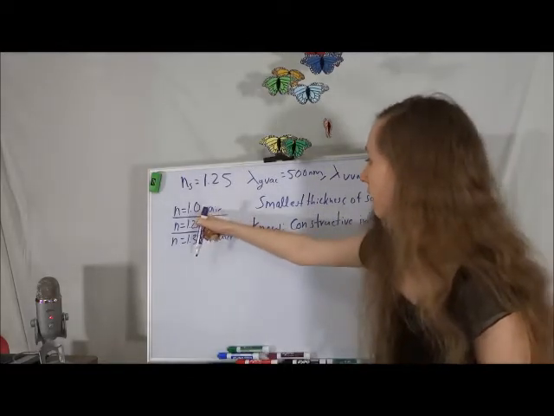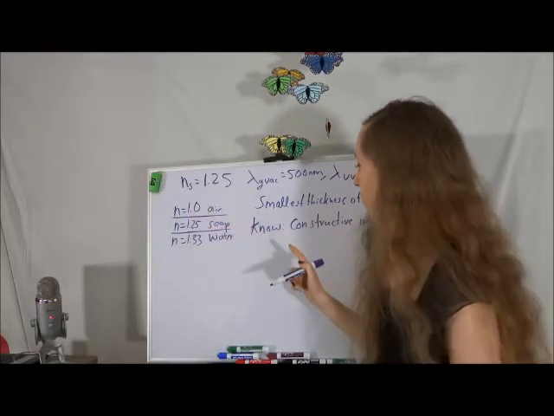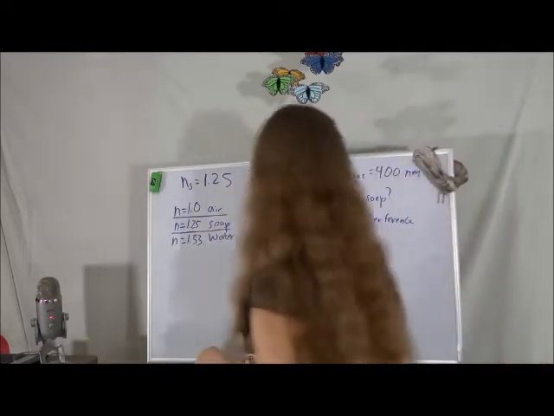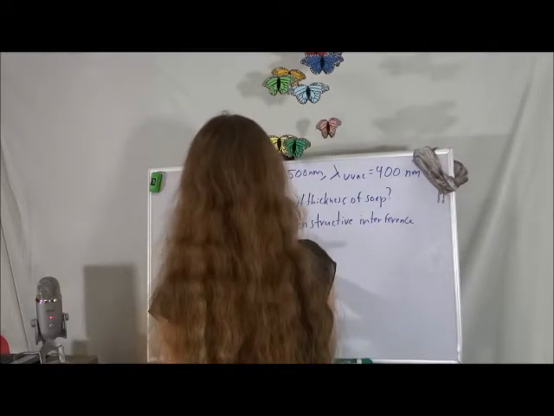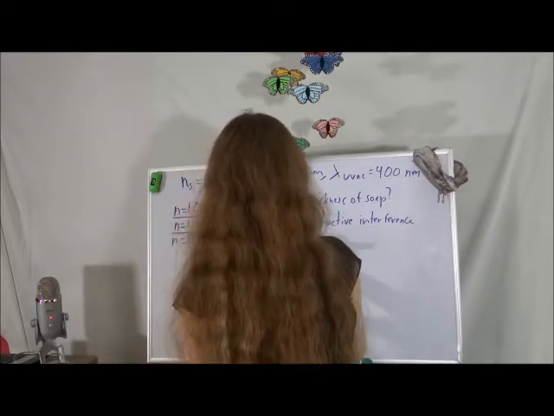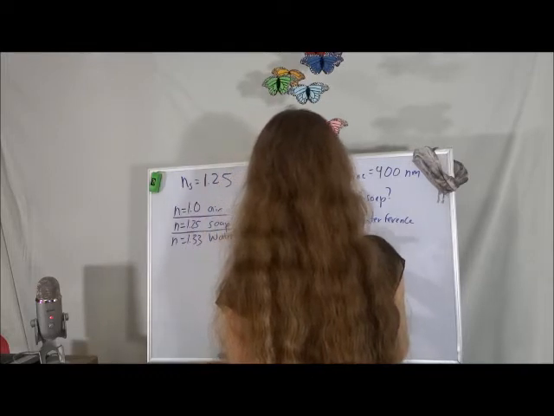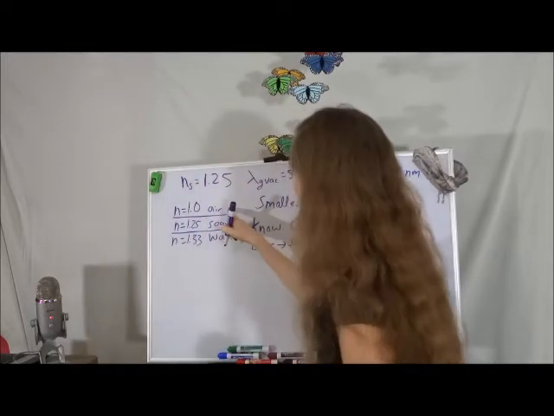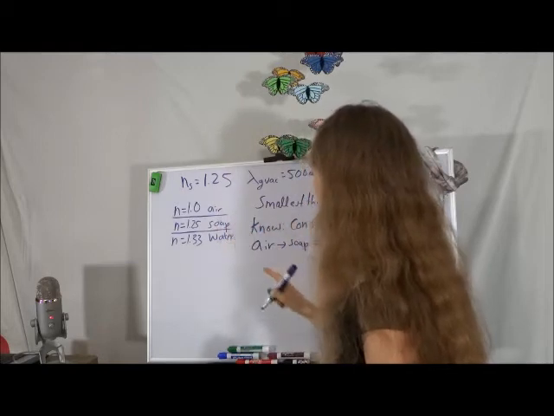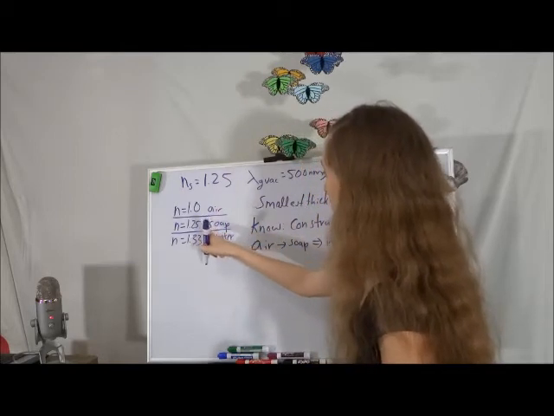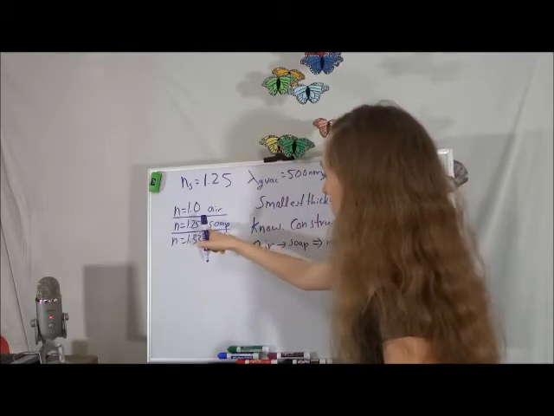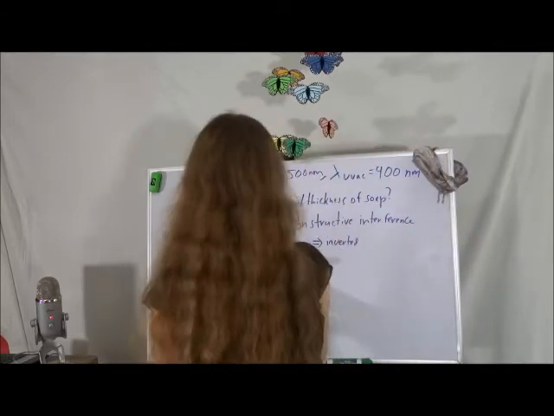So going from air to soap, we're going to be inverted, because this index of refraction is lower than this one. And similarly, going from soap to water, we're also going low to high, so we're also going to be inverted.